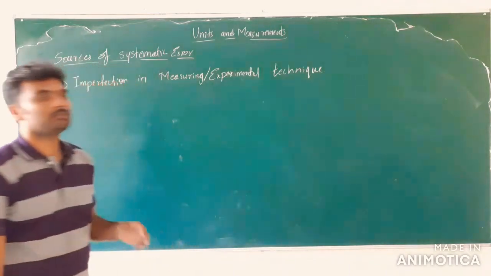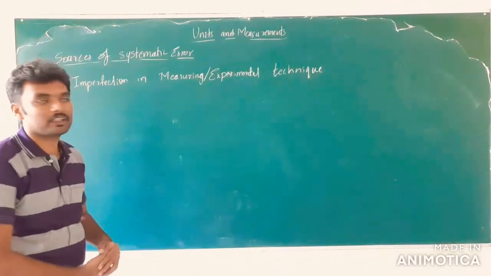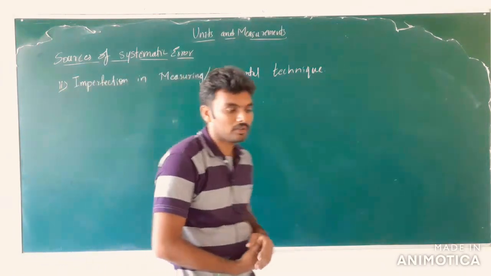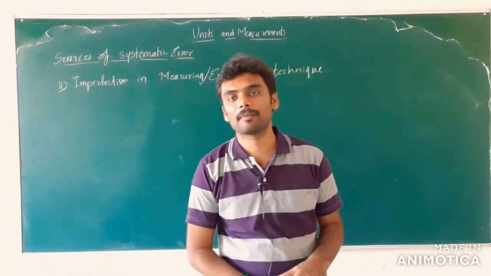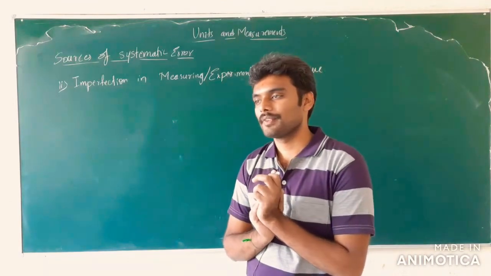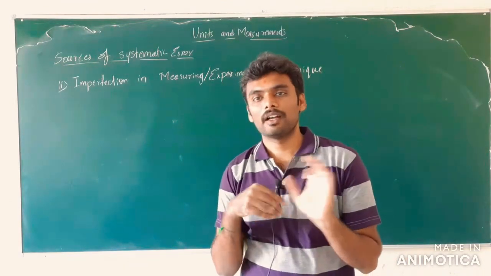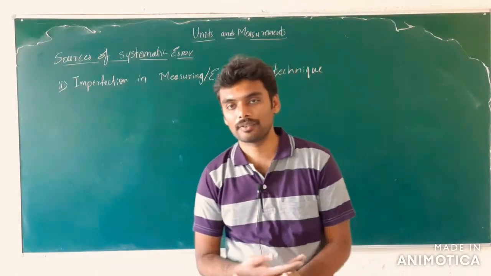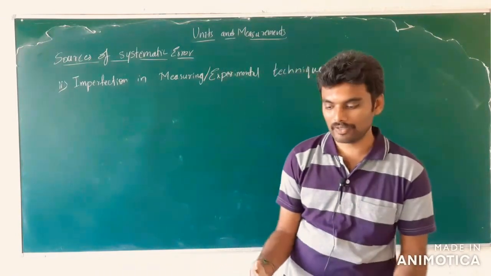So imperfection in measuring or experimental technique is another source of systematic error. Now, what kind of error is this? Say I ask you to check your weight using a regular weighing scale.